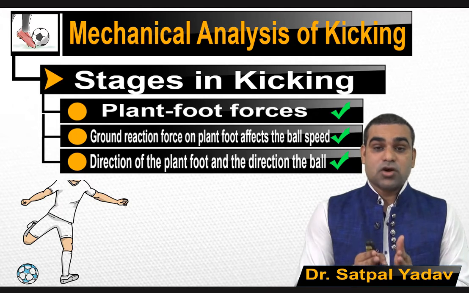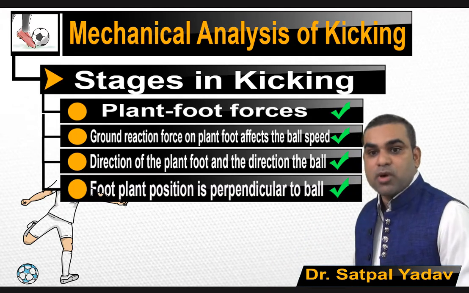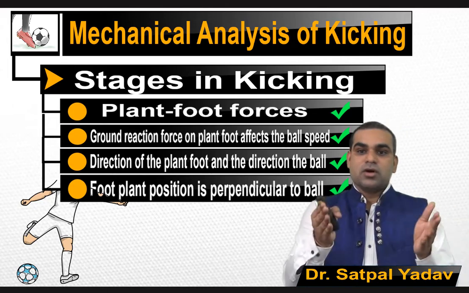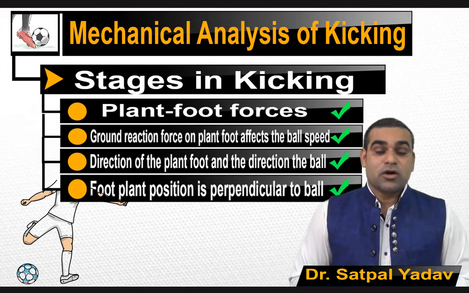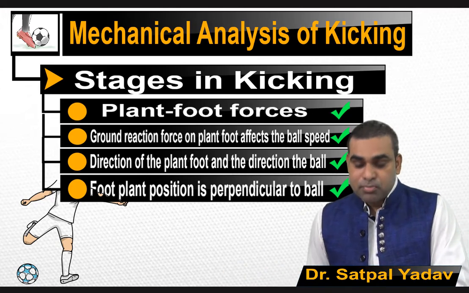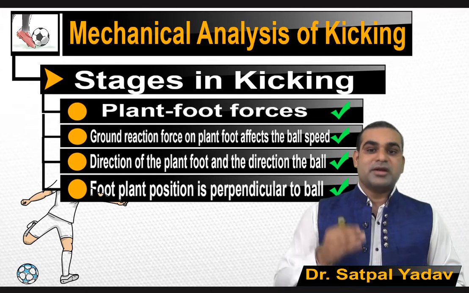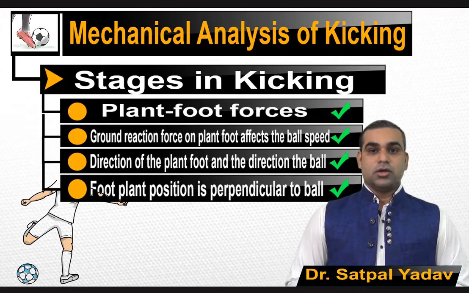The most accurate direction of the ball is accomplished when the foot planted is perpendicular to the line through the center of the ball. If you have planted your foot perpendicular to the center of the ball, that is directly related.